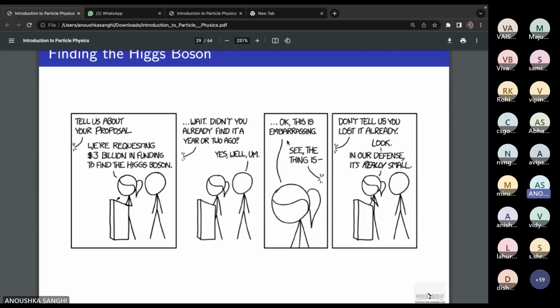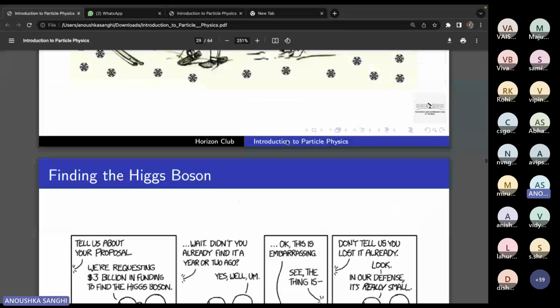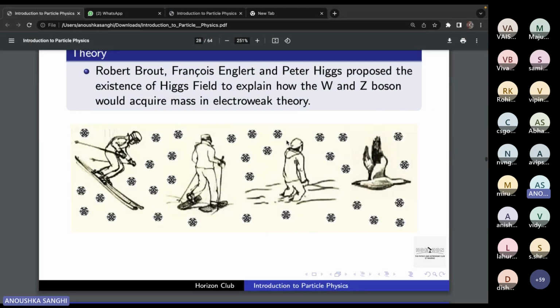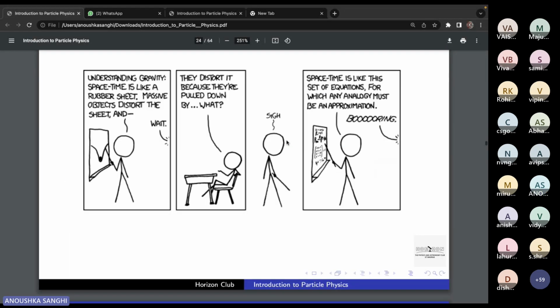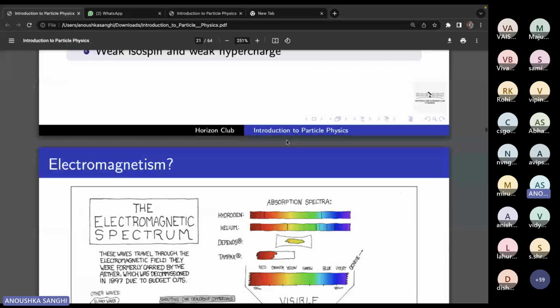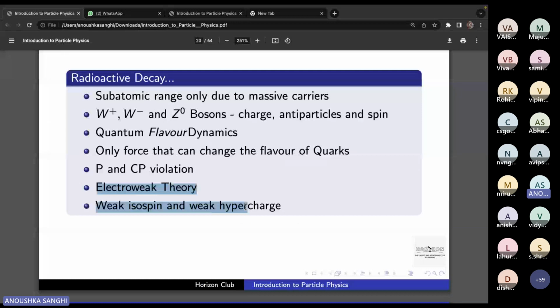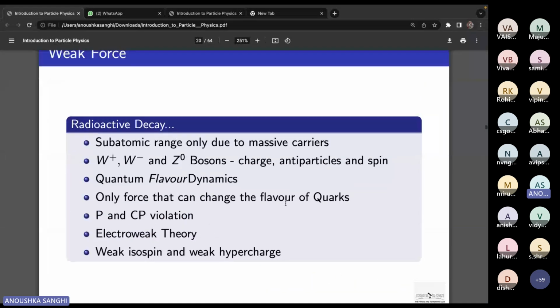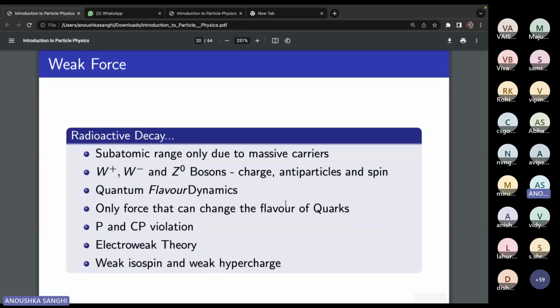There is one more thing about the Higgs field, which I explained with the electroweak theory. What is the electroweak theory? I can explain it with the Higgs field, because without the Higgs field it doesn't have any meaning. We talk about unification just because of the Higgs field.